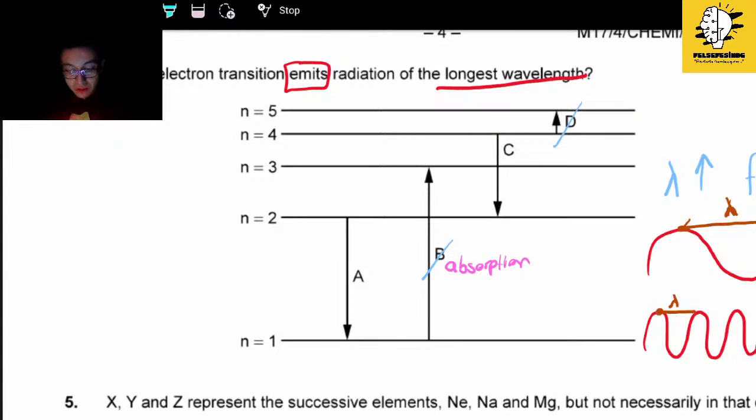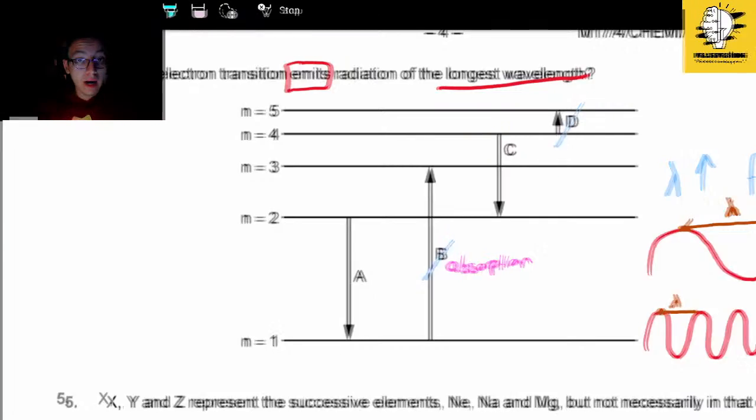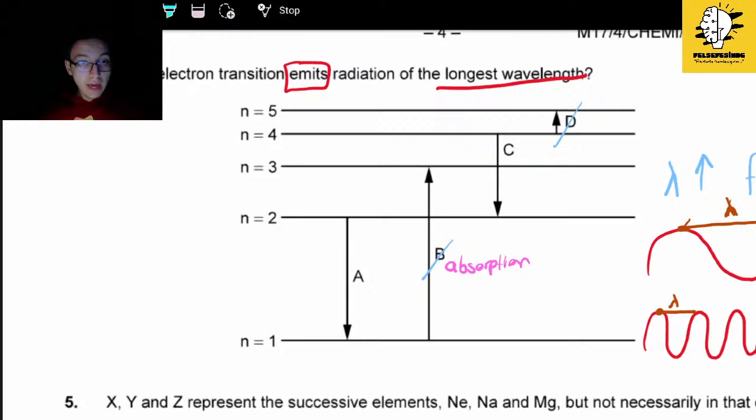Do you see how frequency increases with the decrease in wavelength? So we know that it has to have the highest energy. The highest amount of energy has to be given. Therefore, when it says longest wavelength, it is asking for the weakest energy, smaller frequency.